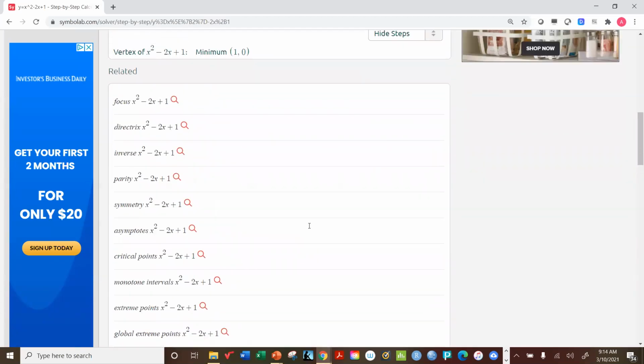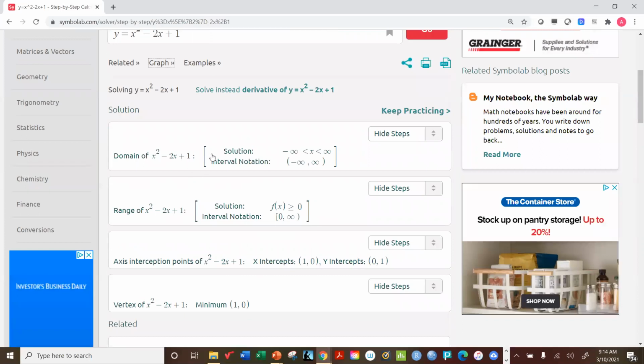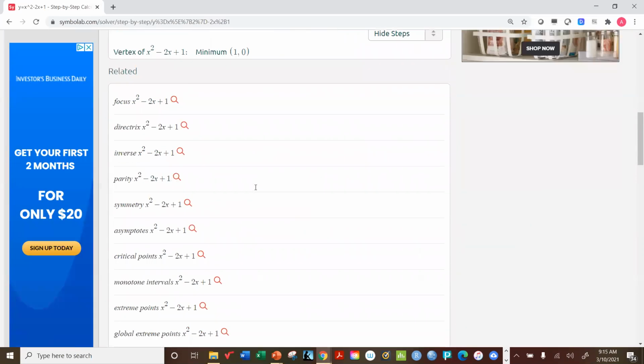But I was wondering if it was going to give us the domain and the range. Oh, here it is. The domain is all the real numbers. Oh, that's good. All right. Now, the range is a little trickier because it depends on the sign. Yeah, see, it's got both of them, the vertical and horizontal intercepts. It's got all this other stuff too.